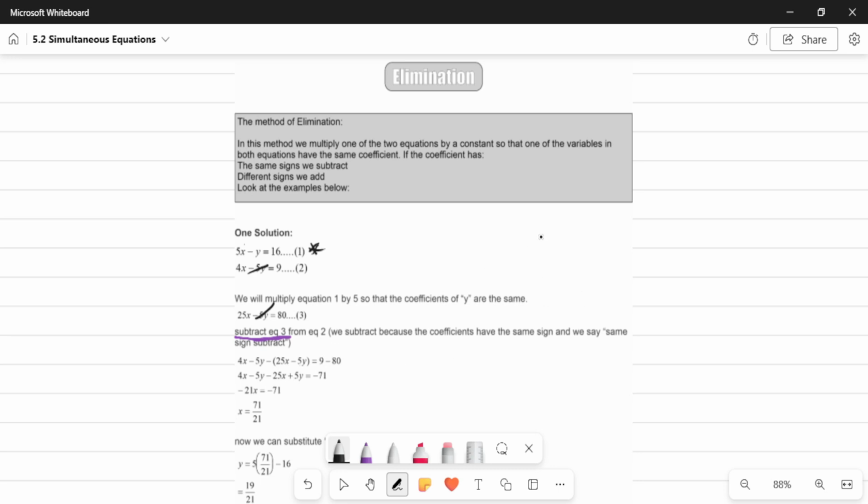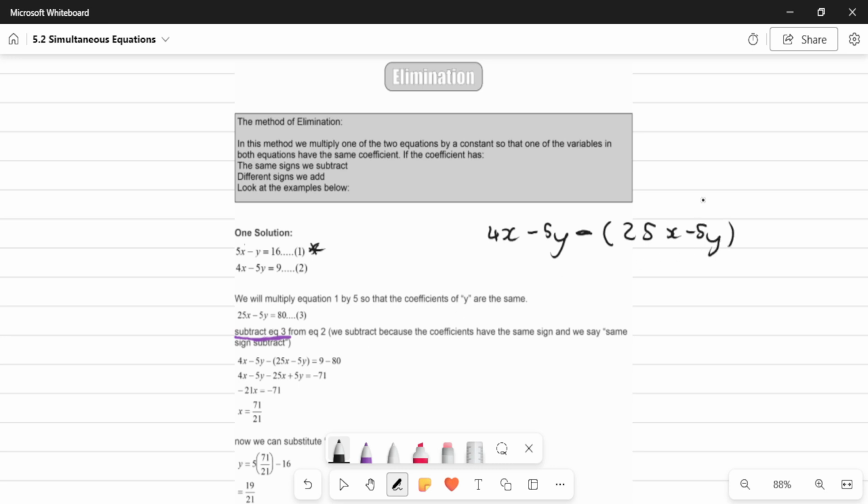So this is what I'll do. I'll say equation 2. Let's do the left-hand side first. So it'll be left-hand side minus this left-hand side, right-hand side minus this right-hand side. So it'll be 4x minus 5y, equation 2 minus equation 3. Very important.